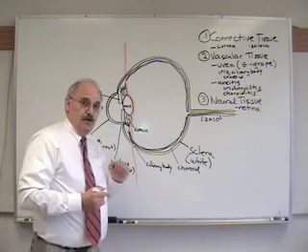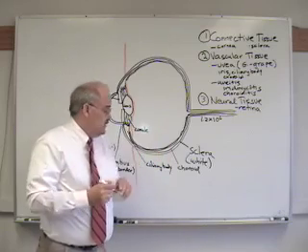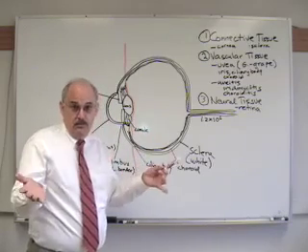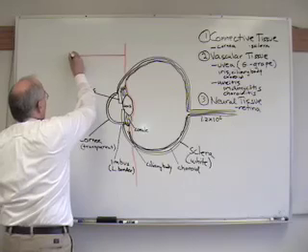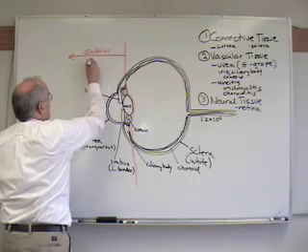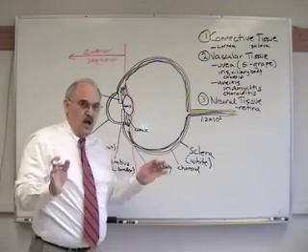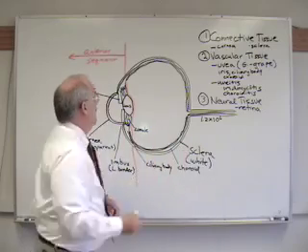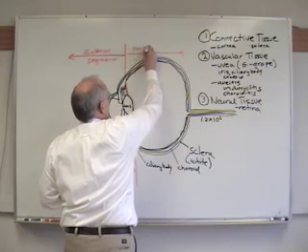The lens and everything in front of it, what space is that? 99 people out of 100 or more will say that that's the anterior chamber. But that's actually the anterior segment. And it doesn't take a rocket scientist to then figure out everything behind that is the posterior segment. Okay?